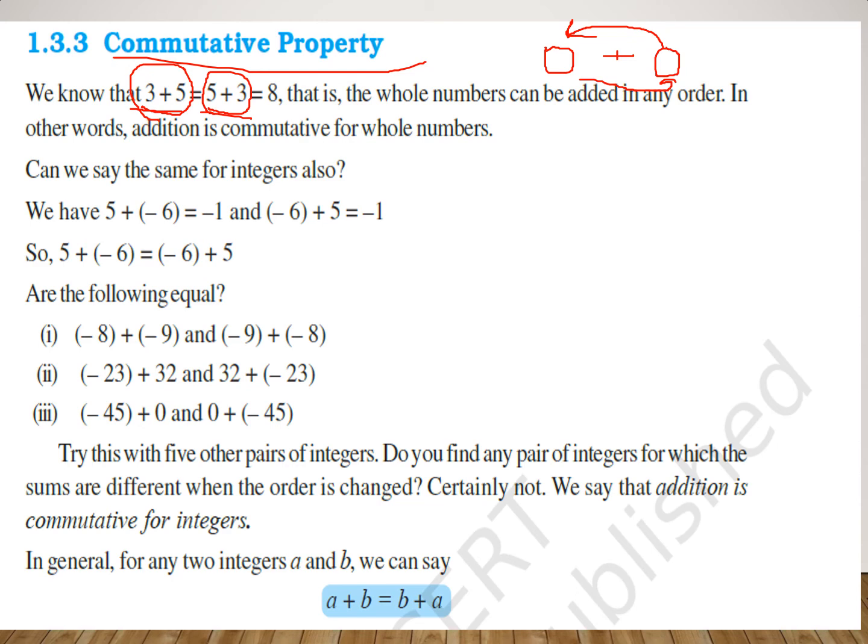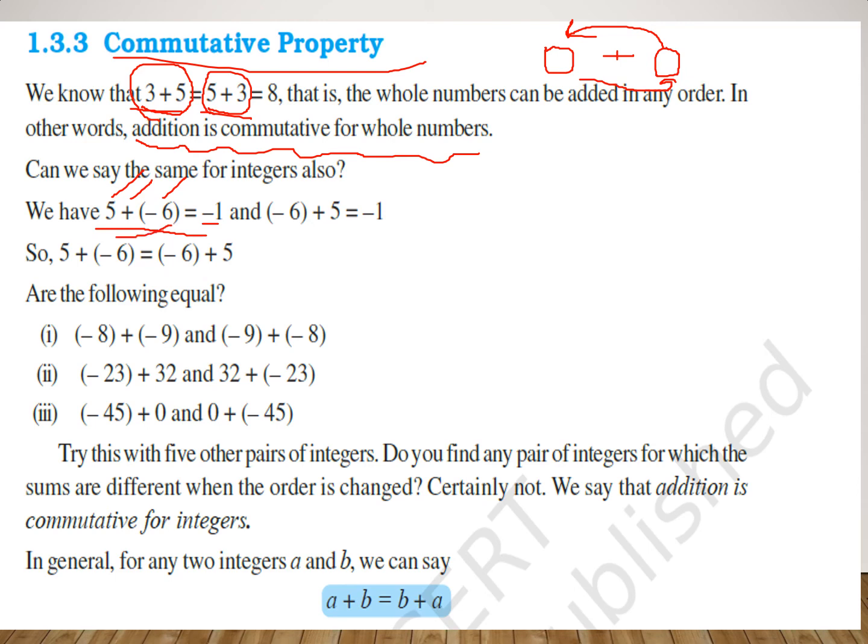So we can say addition is commutative for whole numbers or integers we can say. Okay, but in the case of subtraction it is different, that we will see. Wait, so you can see here you have taken two integers 5 plus sign and minus 6. Answer came as minus 1.